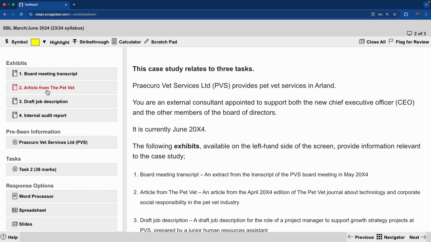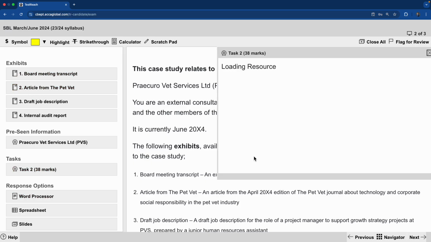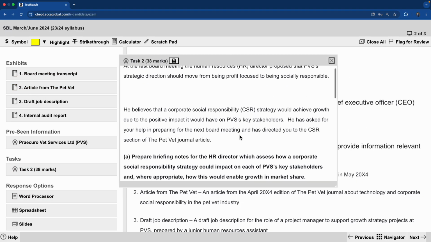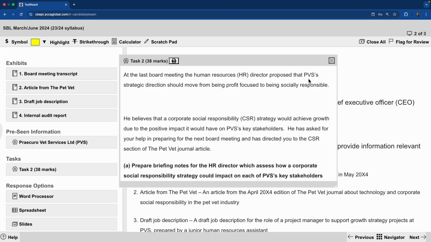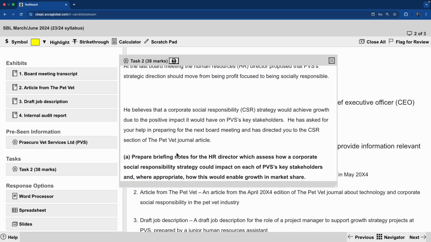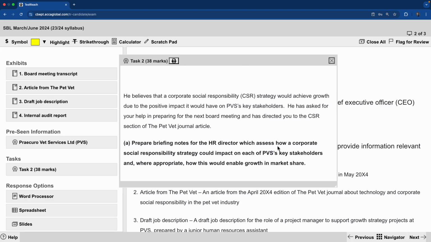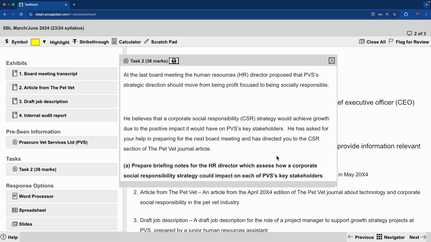So task 2. You see we already finished these 2 technical articles or these 2 exhibits. At the last board meeting, HR proposed PBS's strategic direction should move from being profit focused to being socially focused. I believe CSR is important. Prepare a briefing note for the HR director which assesses how CSR responsibility could impact previous key stakeholders where appropriate. This will enable growth in the market. Now pay attention to this.